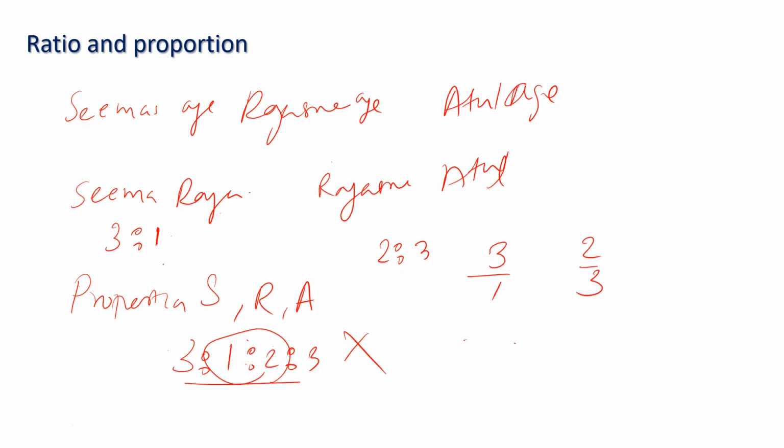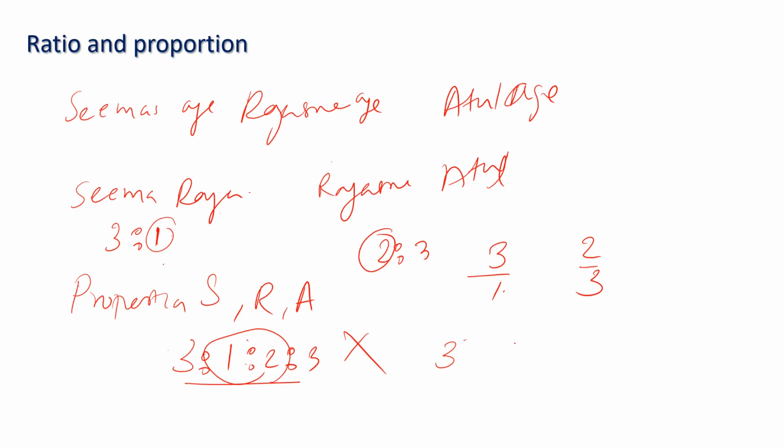Okay. This way we have got the ratio, so we will try to make this one match with this 3:1. For that we have to multiply. 3:1 है, तो हम क्या करेंगे?